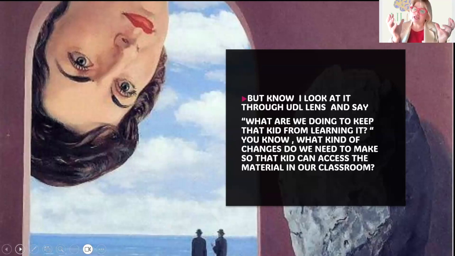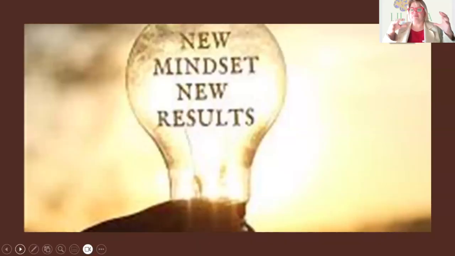But if we see from the lens of UDL, our question would have been, what are we doing to keep that kid from learning? Or what kind of changes do we need to make so that, in this case, Peter can have access to the material in our classroom? So with this shift in our mindset, we are going to start talking about UDL.